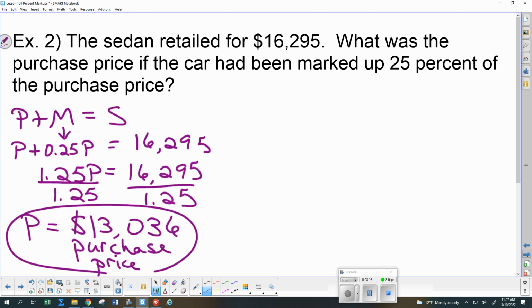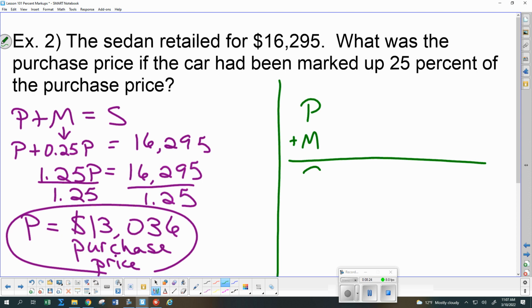Does that make sense? If you preferred to do these with a ratio box, P plus M is always going to be S. So we know retail, again, is the selling price, $16,295. We want to know what was the purchase price. The markup was 25% of purchase.